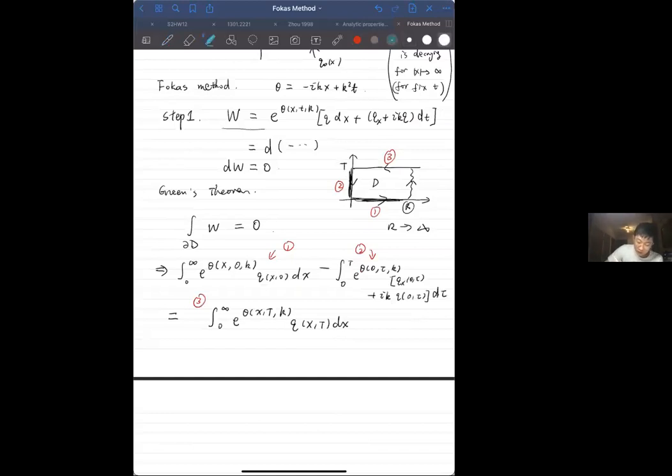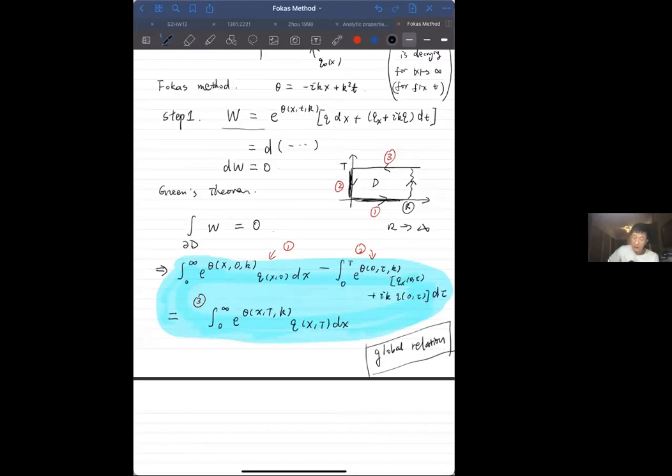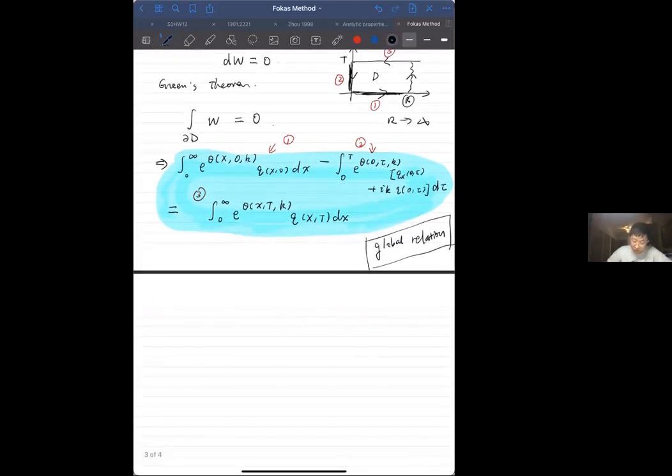And this is very important. It is basically the whole idea of the Fokas method. This is called the global relation. In this trivial example, we will see it basically gives you the solution.